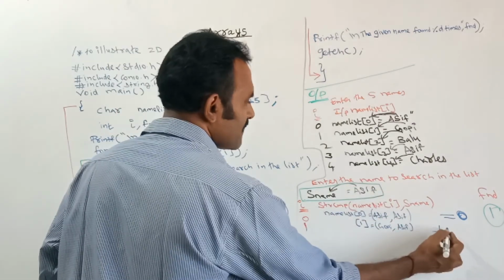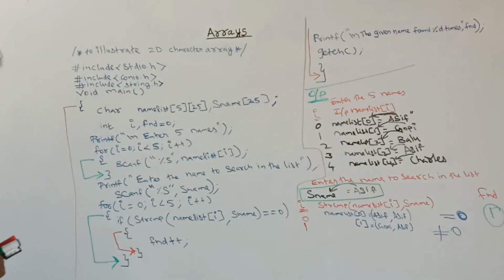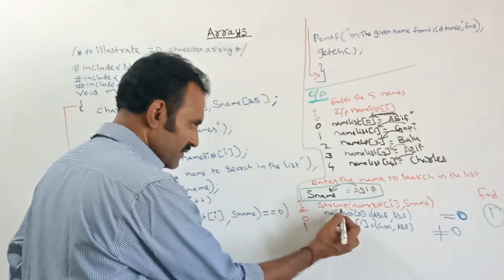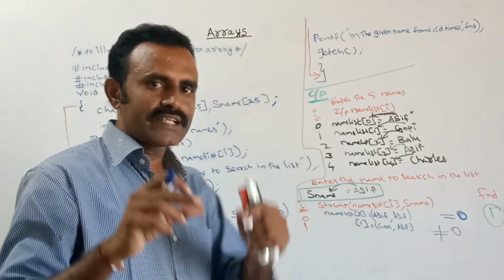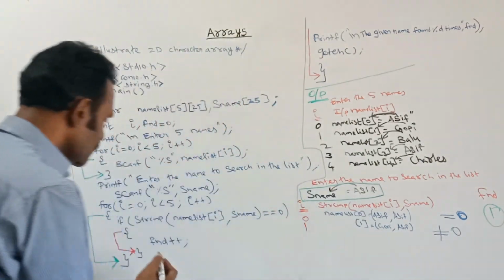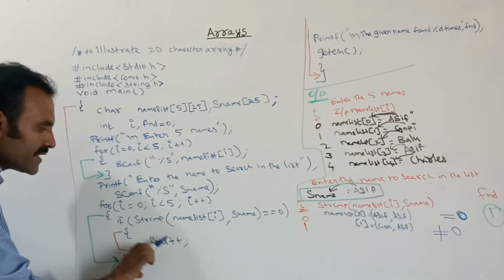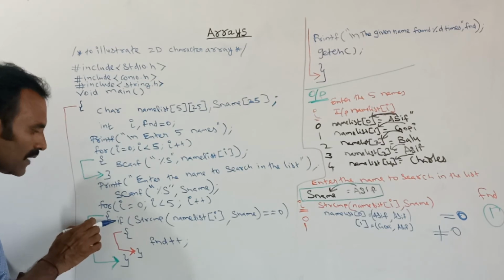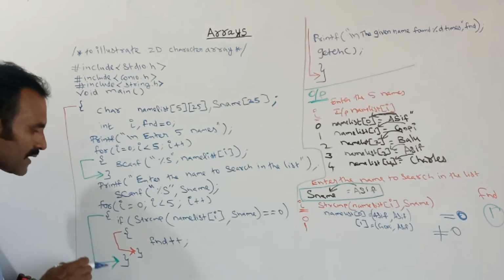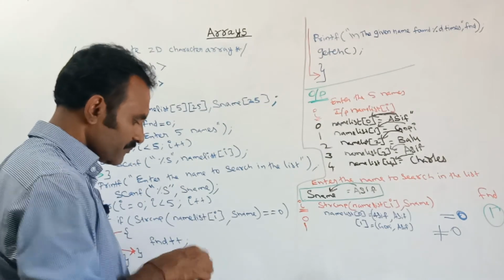Here it will not return 0, because string compare always returns 0 only when both strings are equal, otherwise it will not return 0. So it is not equal to 0, and the controller will not go inside the if condition. It comes outside and the i value is incremented to 2.